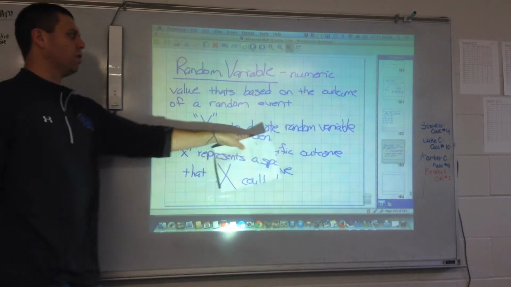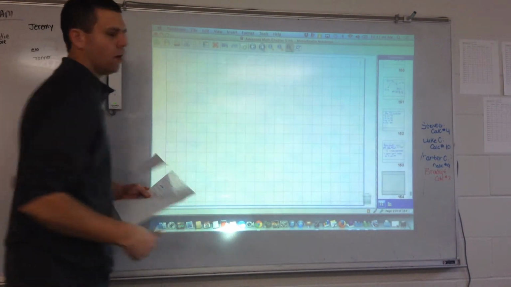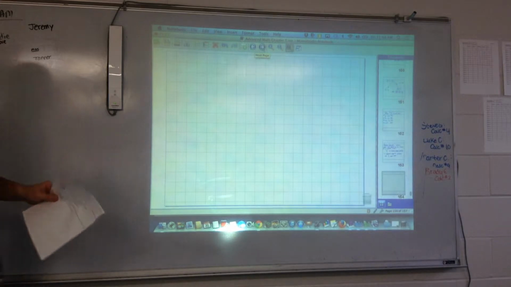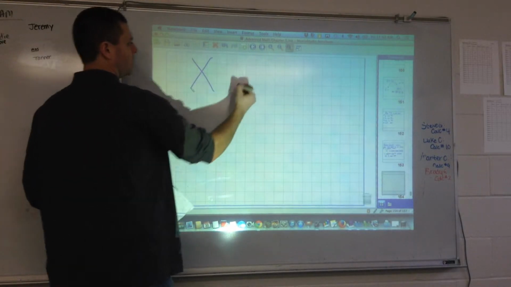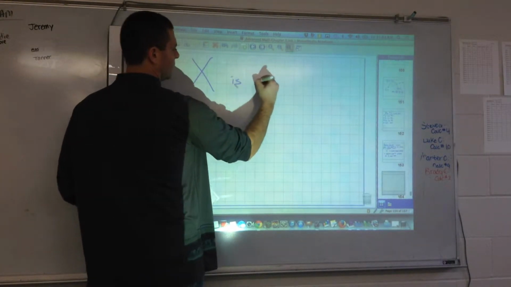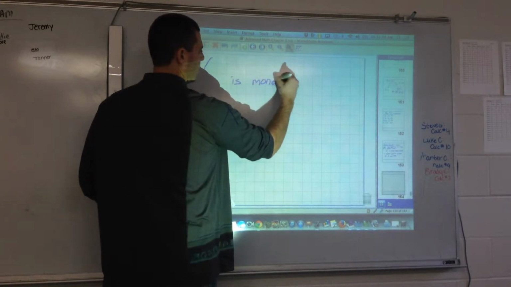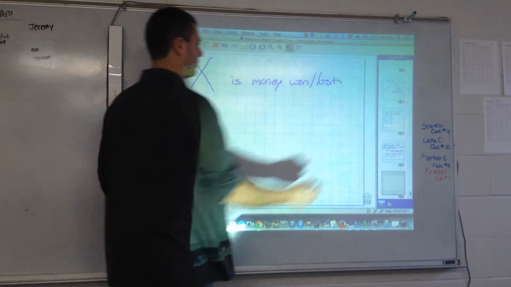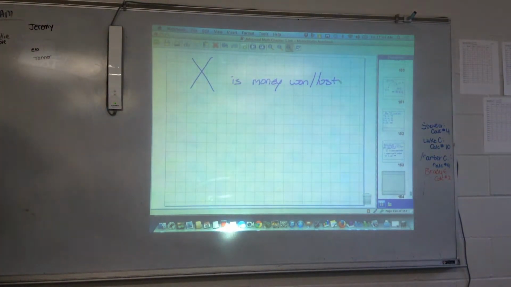We're going to say X denotes the random variable. So I would say X would represent your winnings, or how much money you get, or your change in money, if you will. Okay? So large X in that case is money won or lost. Okay? So going back to the example we did, 'cause I'm trying to relate this to a real life situation here. The big X is going to represent the money you win or lose.